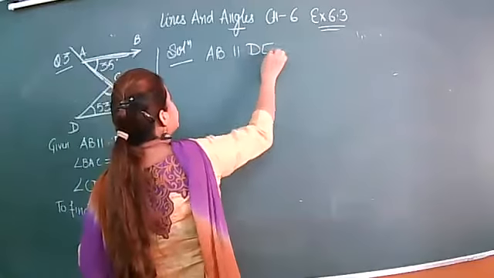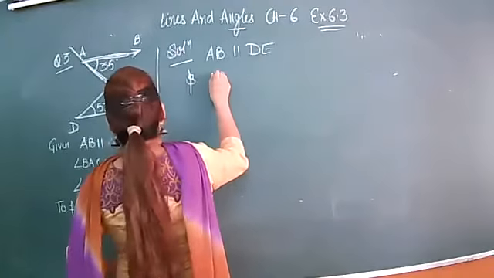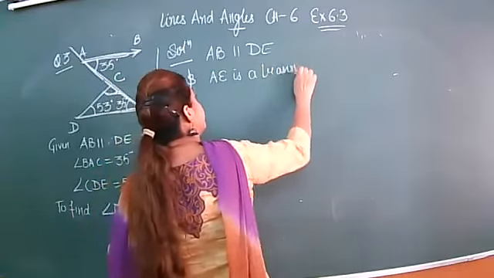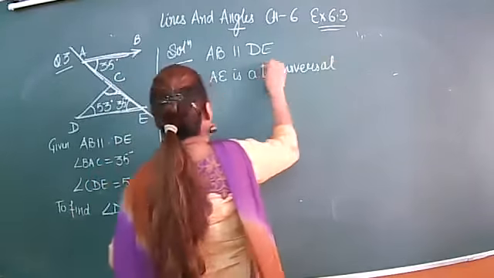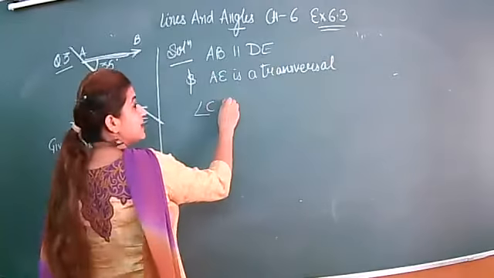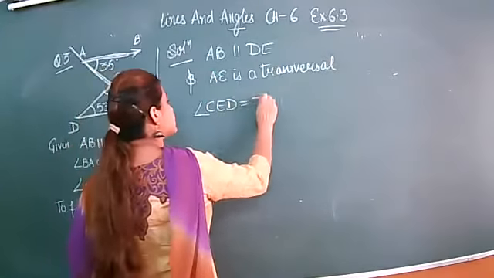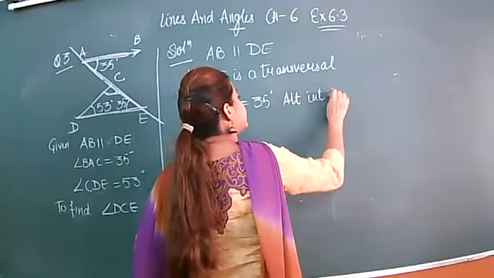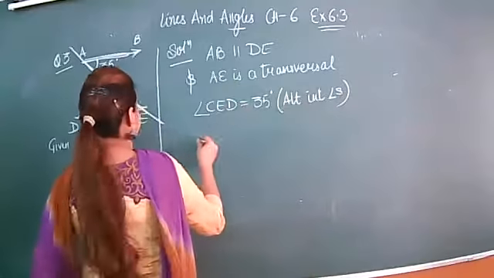AB is parallel to DE and AE is a transversal. So can I write here angle CED is 35, that is alternate interior angles.